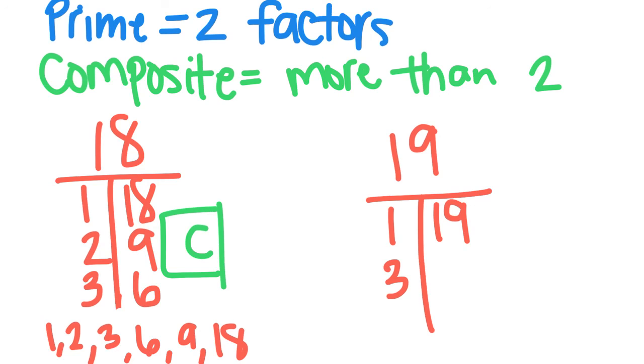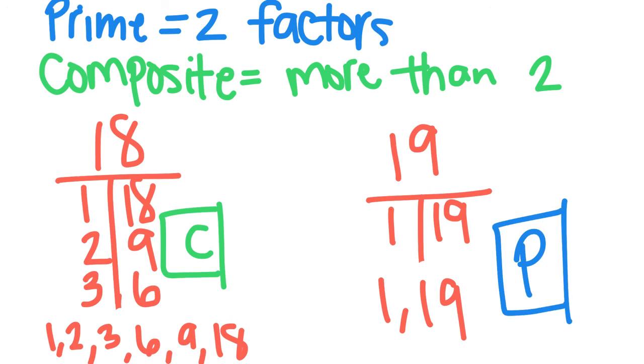No, no 3. What about 4, 5, 6? No, it's just 1 and 19. So how many factors does this number have? It has only 2 factors, so 19 is prime. I'll put a P for prime. That's it, mathematicians. You can do this.